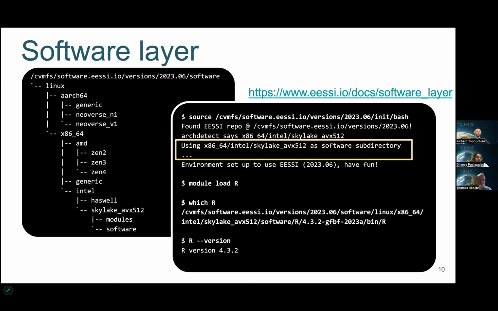While on the ARM-based processors, there are the Neoverse N1 and the Neoverse V1. But in all cases, whether on x86 or ARM-based processors, there is the generic, which is basically the non-optimized software. So you are able to get access to the software stack, but it is not optimized for the system you're running on.